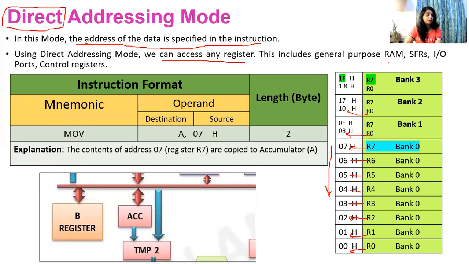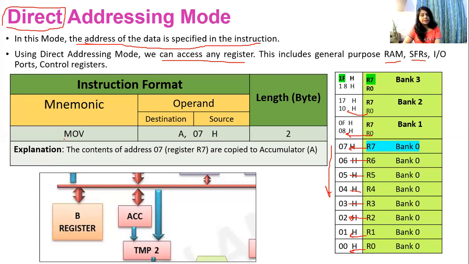This includes general purpose registers, special function registers, input output ports, and control registers, because all of these have their own unique 8-bit address. Since every register has its own unique 8-bit address, we can access the data available in these registers by using their addresses.